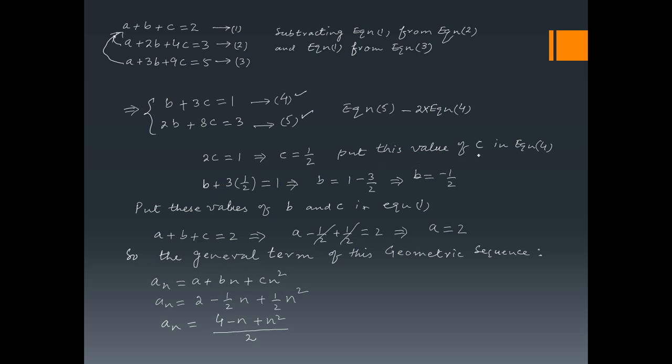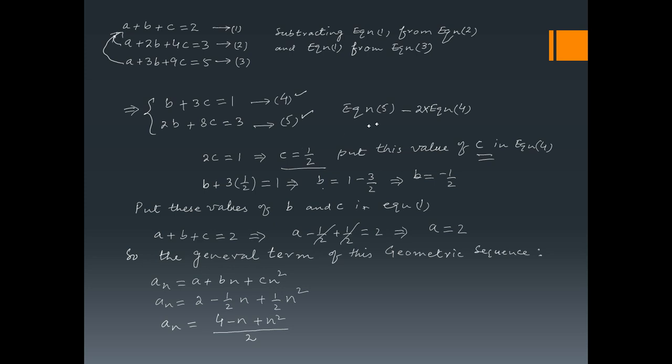Put this value of c, which we have obtained, in equation number 4. So b plus 3c, b plus 3 multiply 1 by 2 is equal to 1. By this we are getting the value of b is equal to minus 1 by 2.